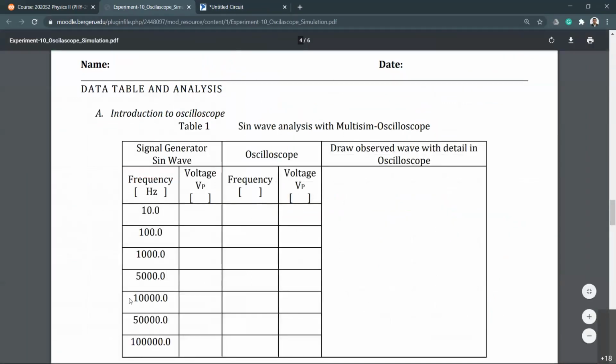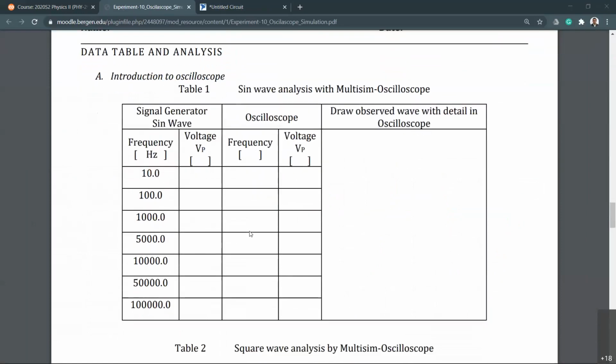Let's start then measuring table number 1. In table number 1, we're going to analyze a sine wave, and I have to change the frequency, measure the voltage, write down the voltage applied, and then measure the frequency at that voltage by using the oscilloscope, and then you have to draw what you're observing right here. That drawing is going to be about the same. You can draw at least 2 diagrams. That's good enough.